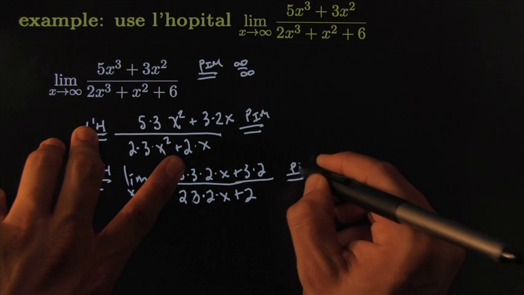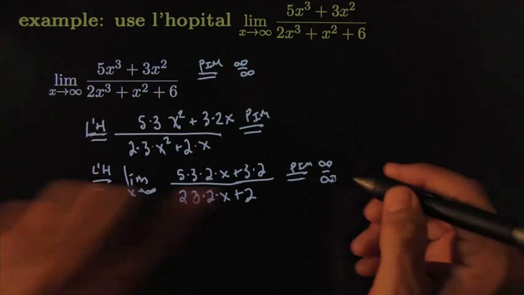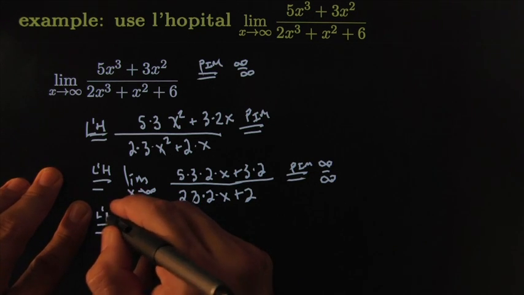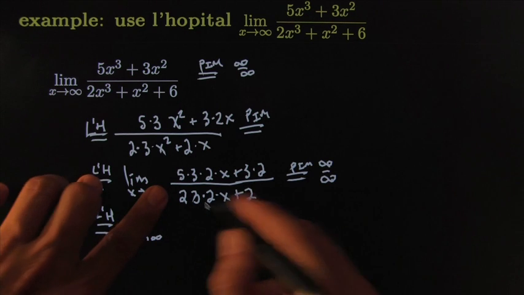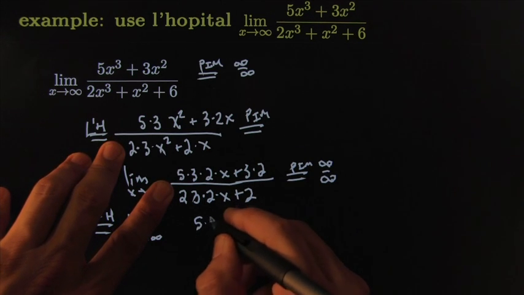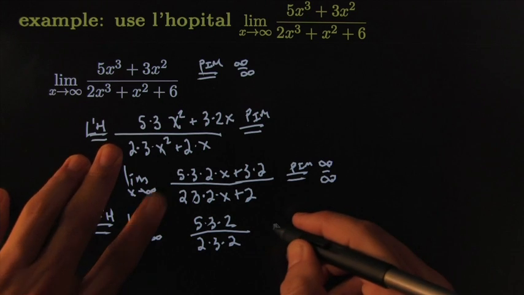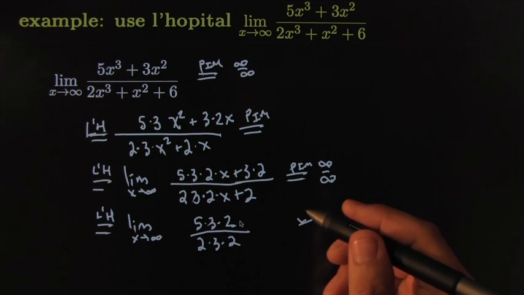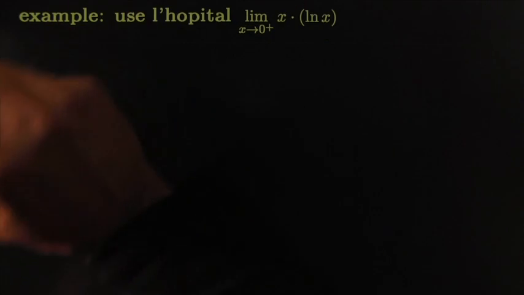And if I try the plug-in method again, I get infinity over infinity. Yeah, that's what I like, because then I can apply L'Hopital again, which I will. And so then I get the limit as x goes towards infinity, 5 times 3 times 2 all over 2 times 3 times 2. And of course that's the limit, because there's no more x's. And we're good. A little baby L'Hopital example.